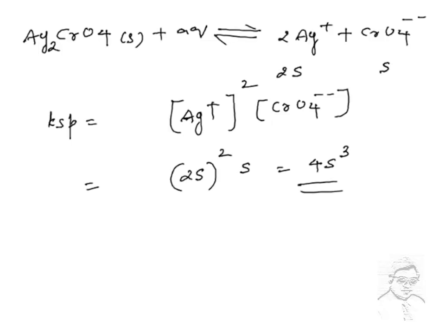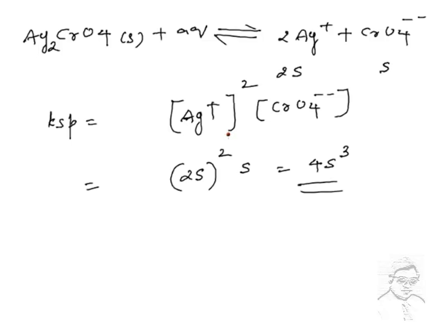Now somehow you are able to increase the concentration of ions. Maybe by adding something else, from some other source, you can introduce ions. This is the net ionic concentration. Doesn't matter from where they have come. So you can do that.